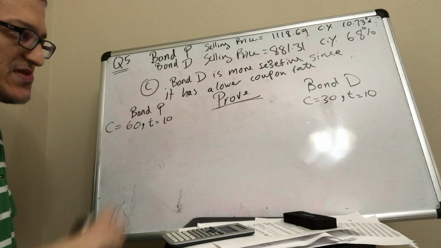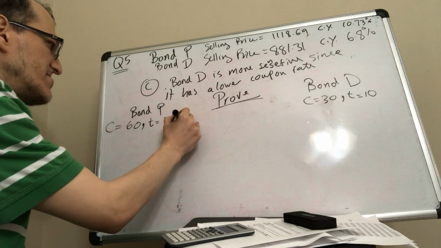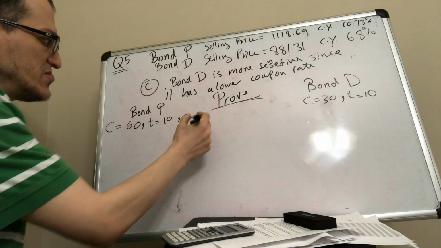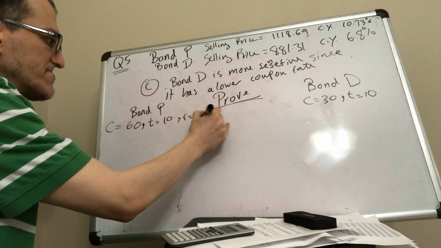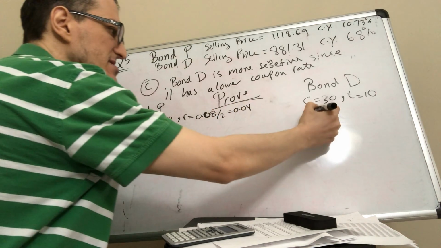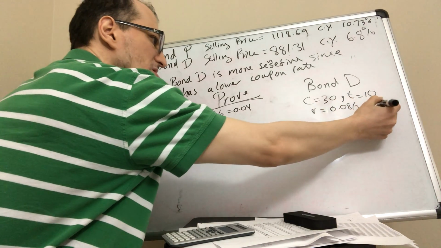Face value is 1,000 for both. R, it was 9 over 2. Now, if you change it to 8% over 2, it will be 4%, and that would be also 4%.